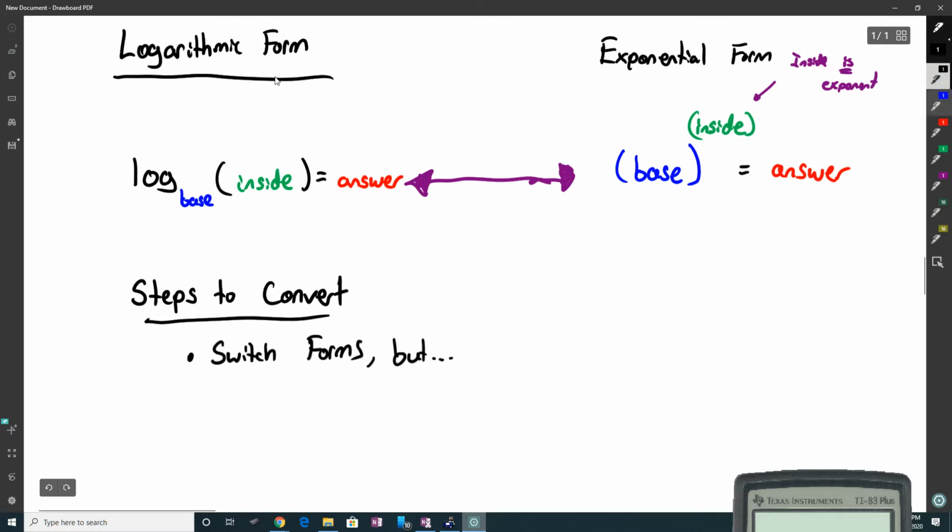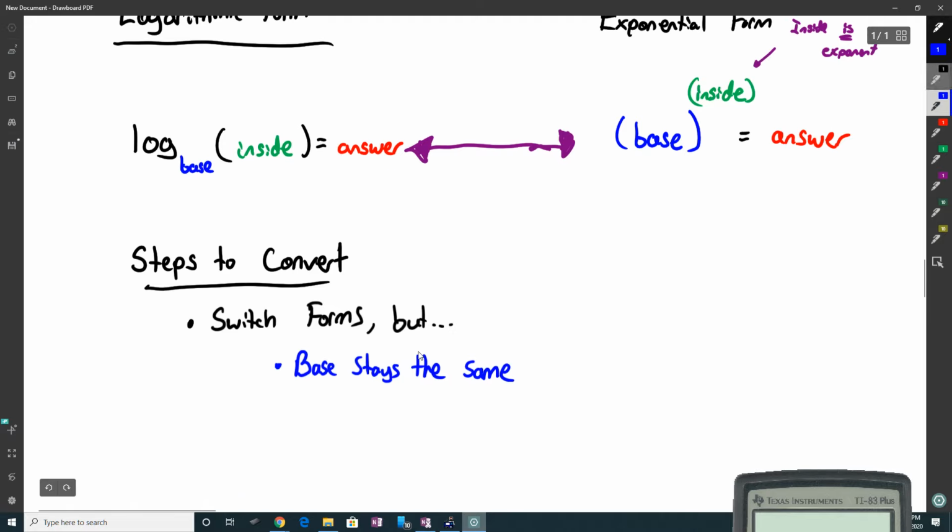But here are the rules. Base stays the same. That doesn't change. The only thing that changes is for logs, the base is the subscript. For exponentials, the base is the big number that you raise to something. Okay, the base stays the same.